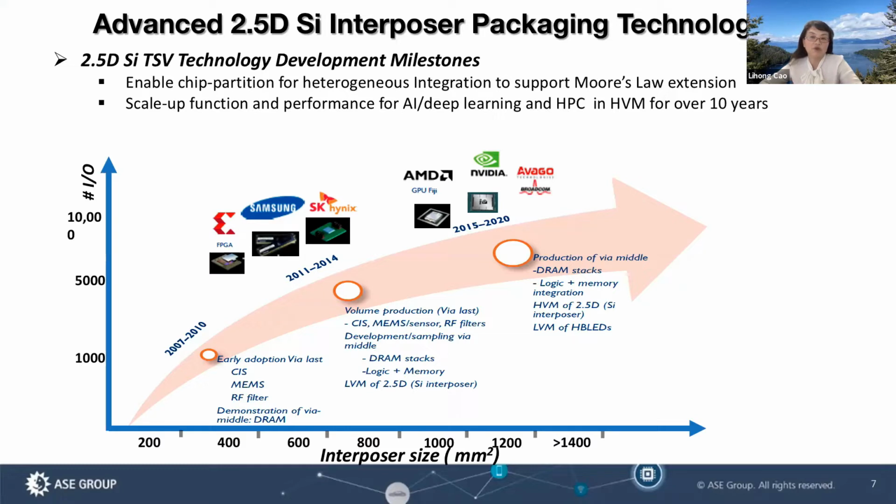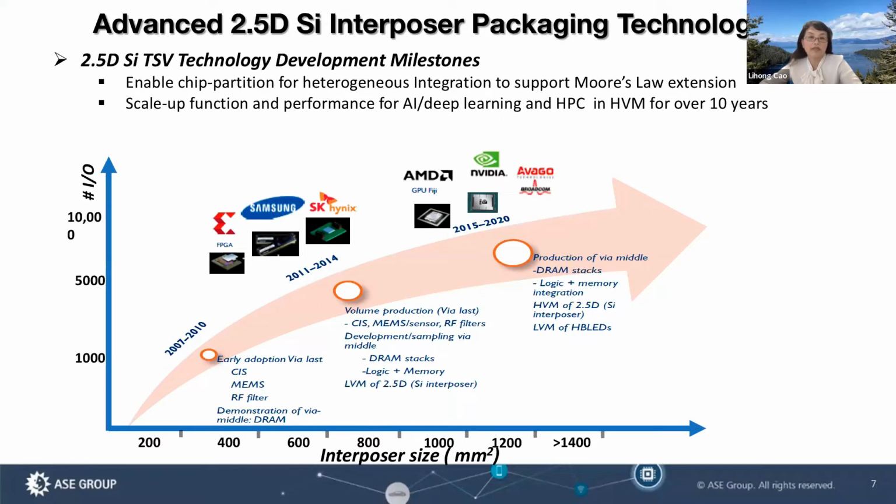The second wave was from 2011 to 2014, when Xilinx announced FPGA integrated with stack structures, and the memory suppliers like Samsung and SK Hynix developed the DRAM stack applications. The third wave was from 2015 until right now, mainly for high-performance applications after AMD first introduced the GPU with HBM stack in 2015, followed by many IDMs and companies like NVIDIA and Broadcom.